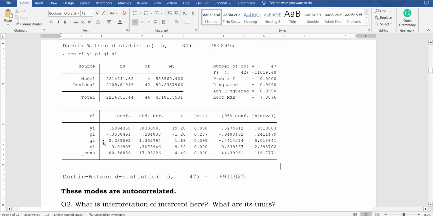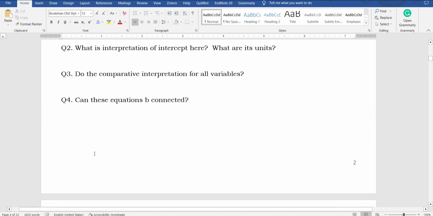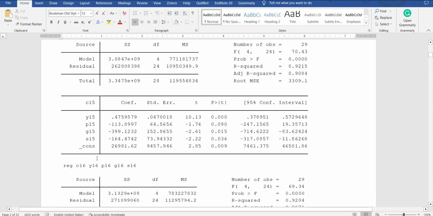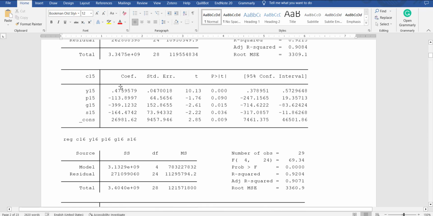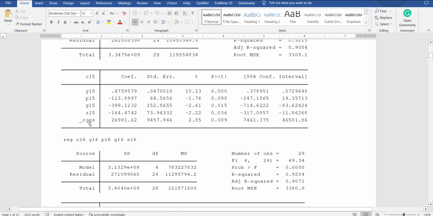So here the intercept is picking up the cross-section specific variables which are changing in time. There, the intercept was picking up the time-specific variables which are changing across countries.